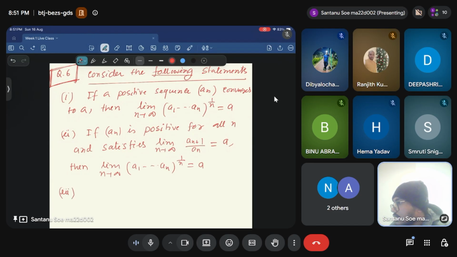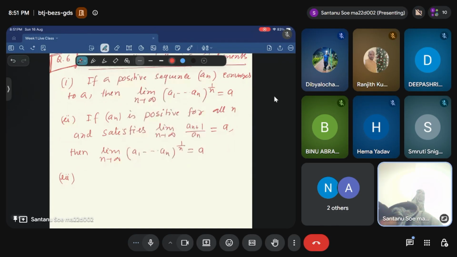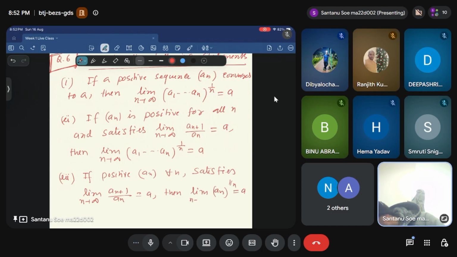And the third option is, if an is positive for all n and satisfies limit a(n+1) by an is A, then limit of an to the power 1 by n is also A. Okay.